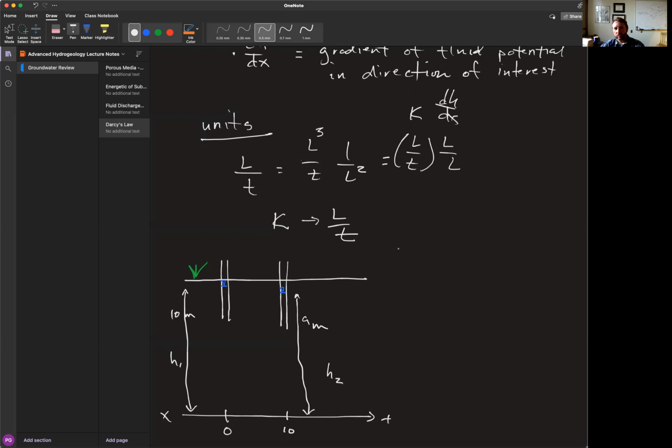All right, so let's just make some observations or some general rules. One, we know that water has to flow from high head to low head.